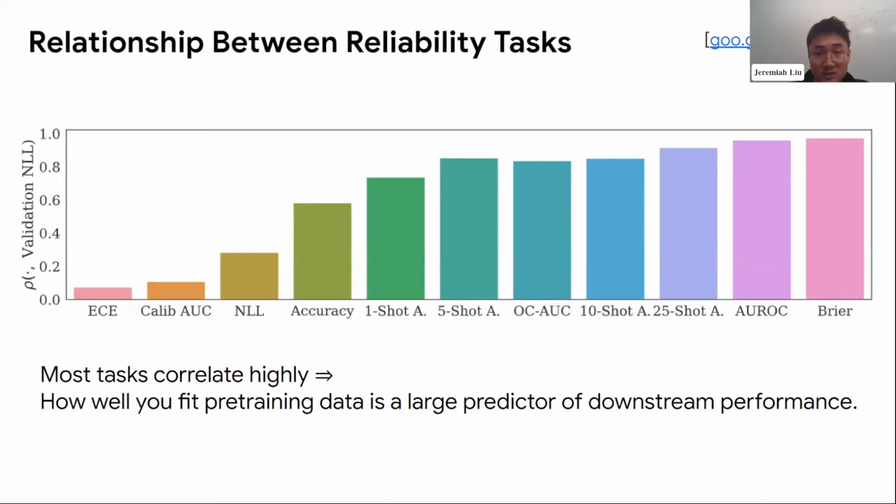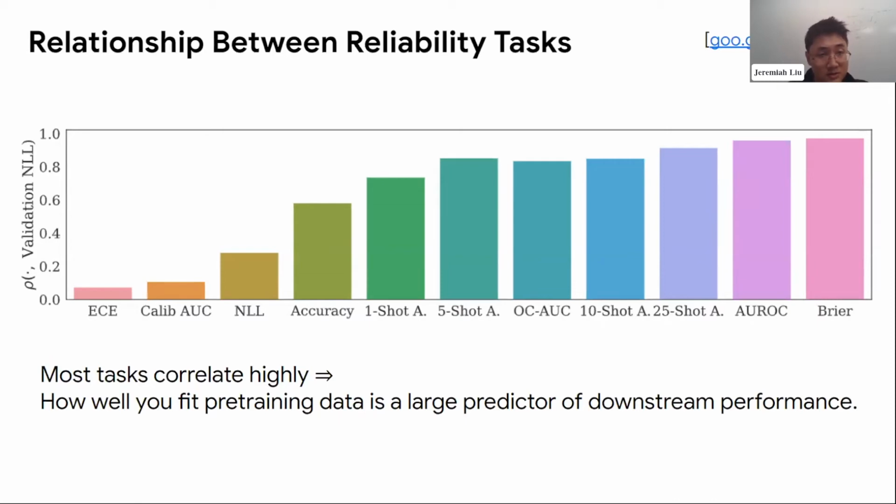For example, on the very right of the figure, we can see the Brier score and the AUROC, and also few-shot accuracy and the selective prediction. These all have a rather high correlation with the upstream pre-training performance.